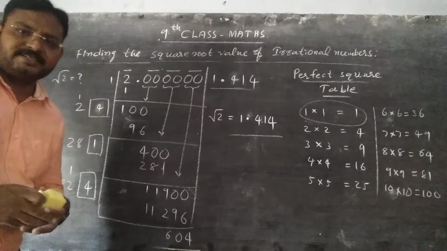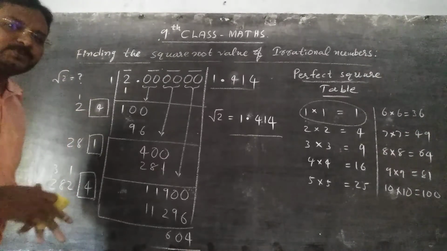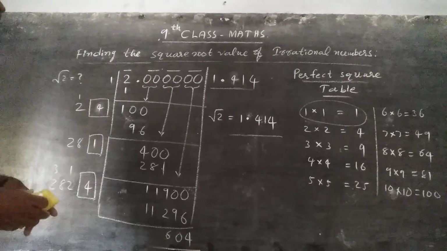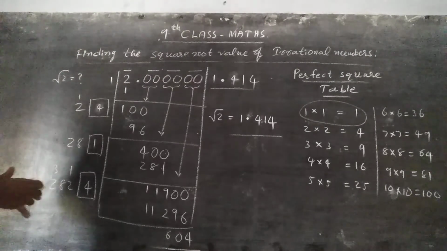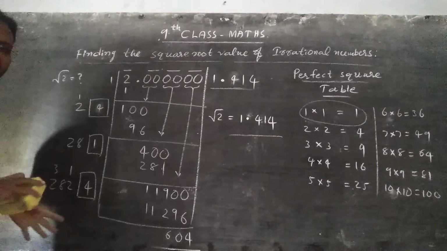Did you understand, children? I hope you understand. So you try to work out the problem for root of 3 also. Shall I rub this? Okay, I will rub this.